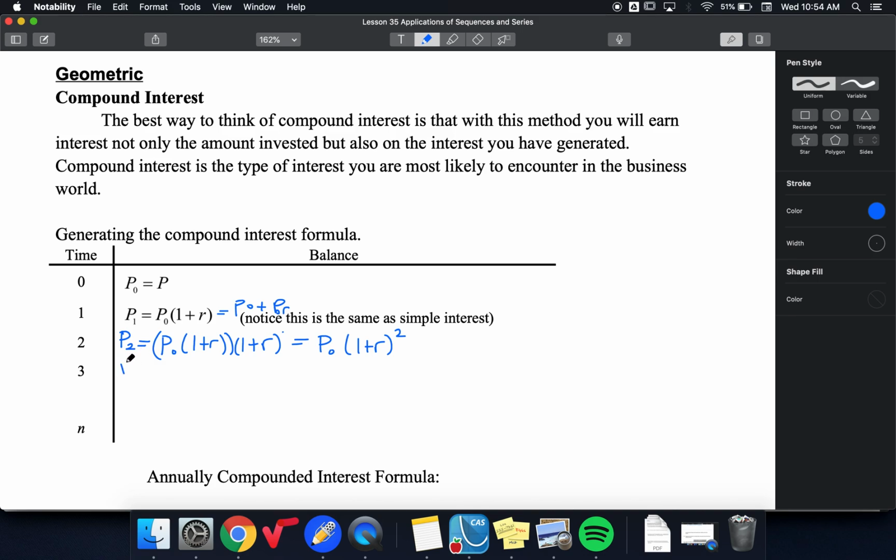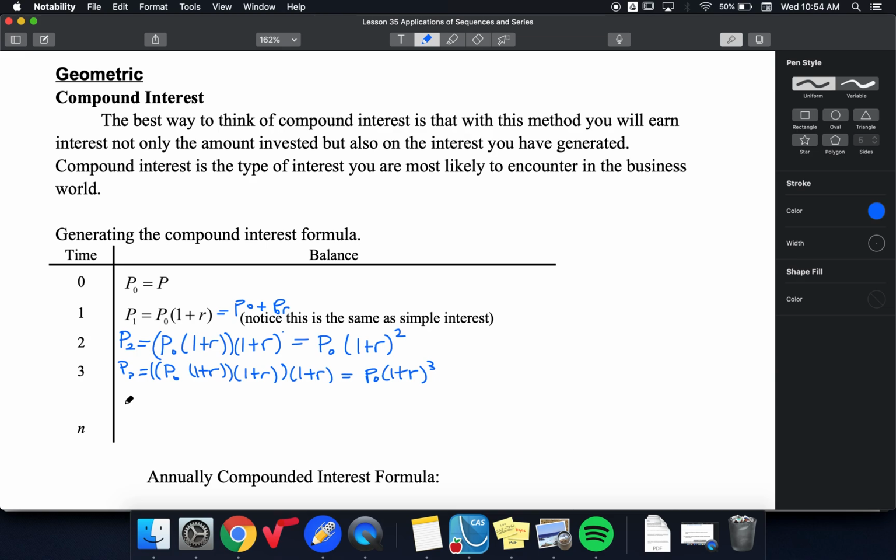So at the end of the third year, I'm going to have my initial amount that I borrowed, 100% of that plus the interest on that, and then on that new amount, 100% plus interest, and then on that amount, again, 100% plus interest, which simplifies to 1 plus R cubed.